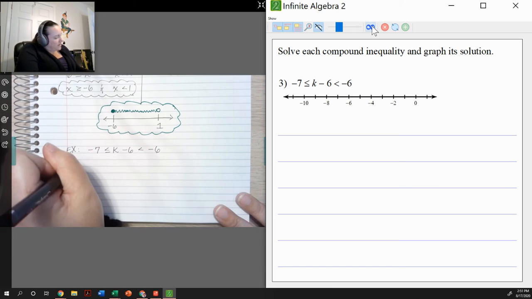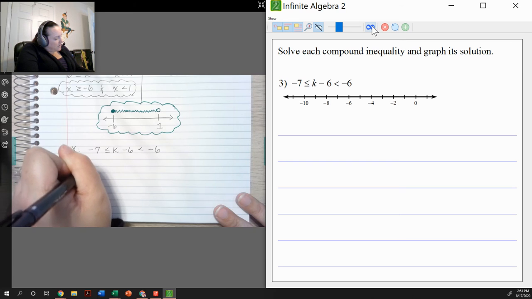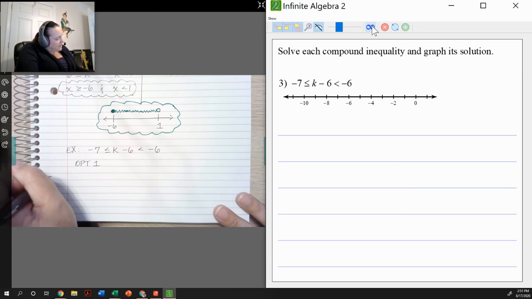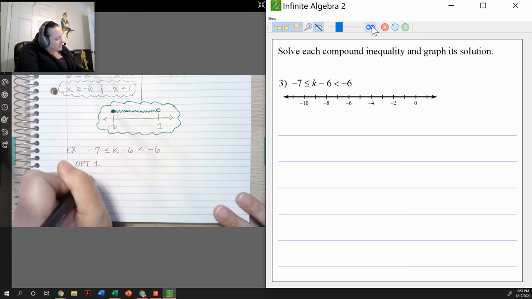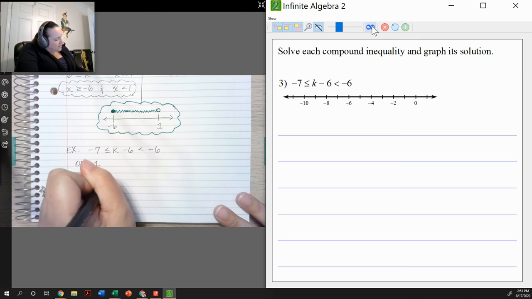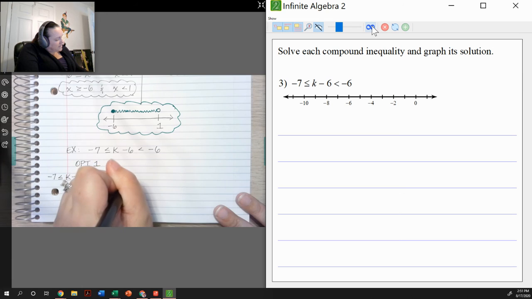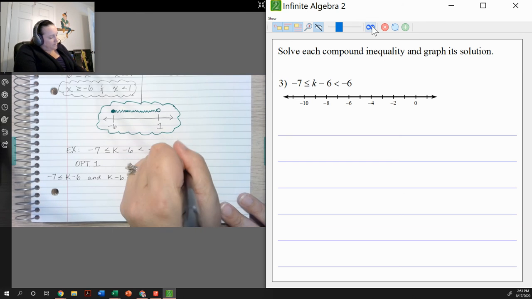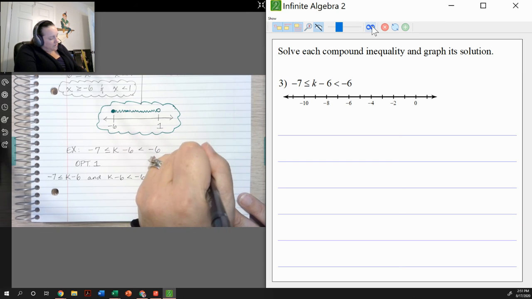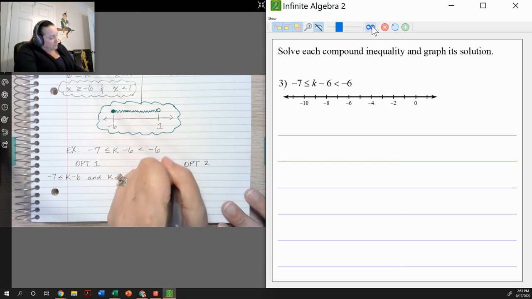So if you go with option 1, you'll write -7 less than or equal to k minus 6 and k minus 6 less than -6. Okay? Option 2, you just rewrite the problem.